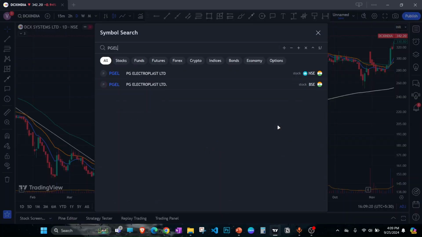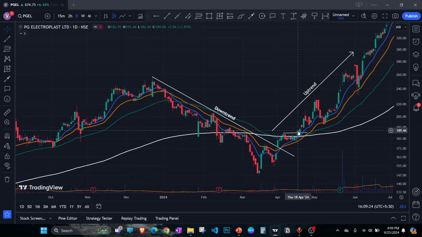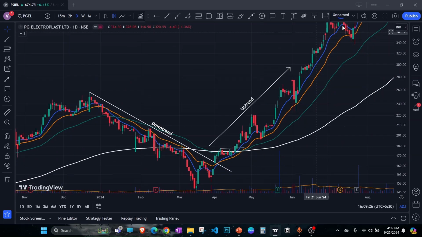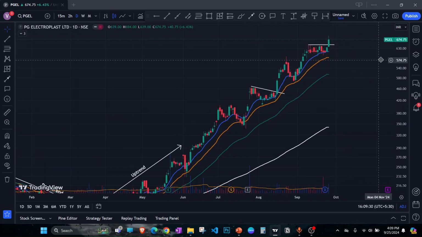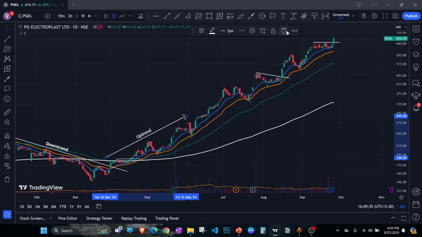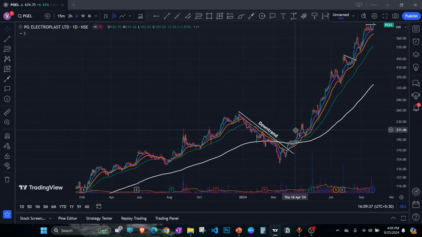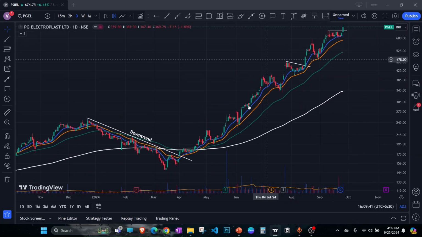So PG Electroplast is actually one of my most successful trades, which I was able to buy at this particular point. Unfortunately, I sold a bit earlier, somewhere around this level instead, and since then you see how much this particular stock has moved. So somebody who had the fundamental knowledge for this has done well in this particular name.